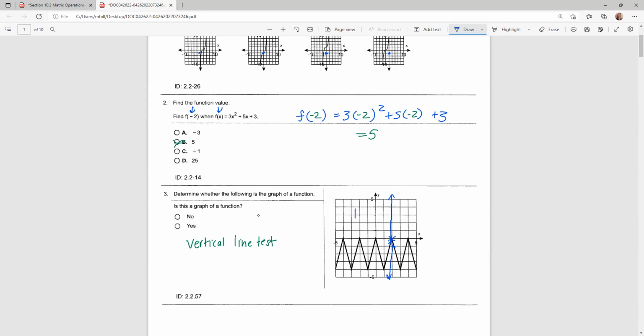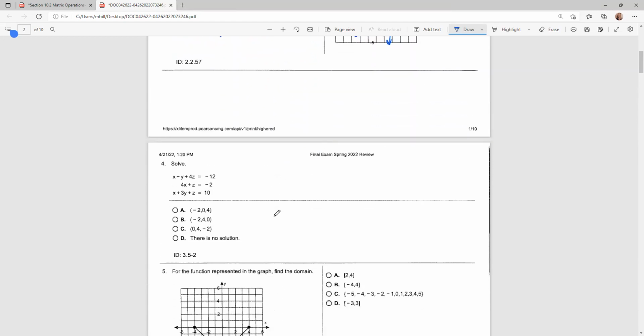So if I drew it right here, it would hit it right there, but this is a function because it's only hitting it one time. Right? It only hits the graph one time when you draw a vertical line.